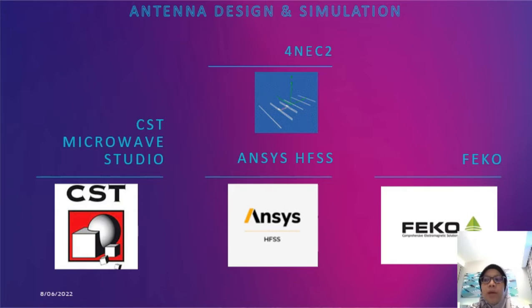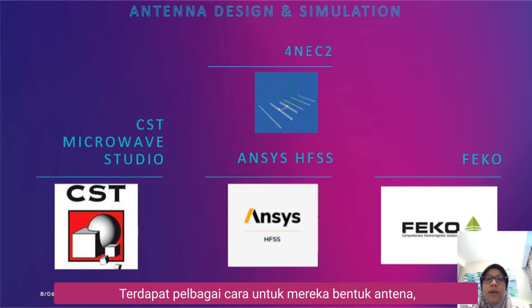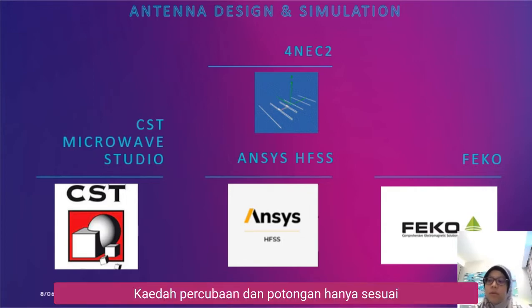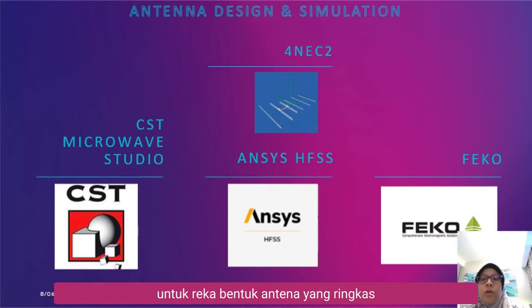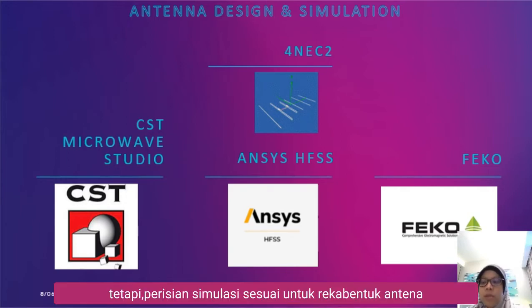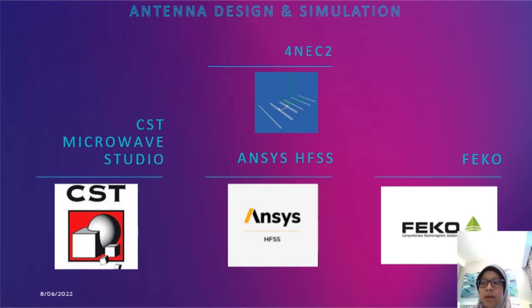So there are many ways to design an antenna, either by using the cut and trial approach or by using simulation software. Cut and trial approach only works for simple antenna, while simulation software is much more accurate and works for complex antenna.